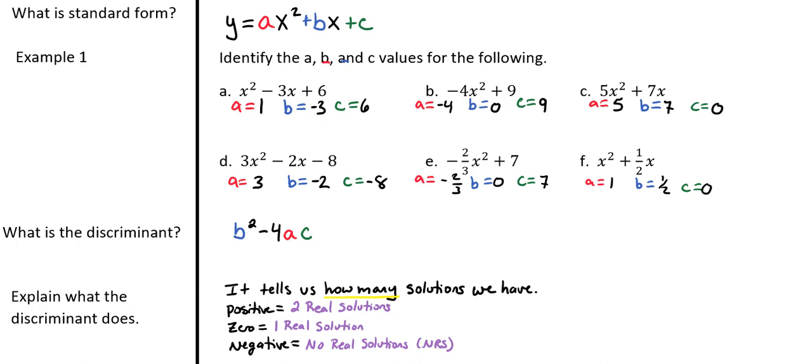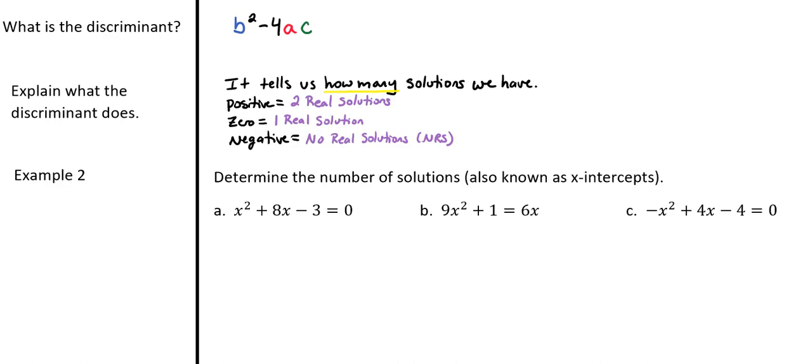So let's practice determining the number of solutions that we have. In our first example, we have x squared plus 8x minus 3 equals 0. So we want to begin by finding our a, b, and c values. Here we have an a value of 1, a b value of 8, and a c value of negative 3. Then we're going to plug those into our discriminant, which is our b squared minus 4ac.